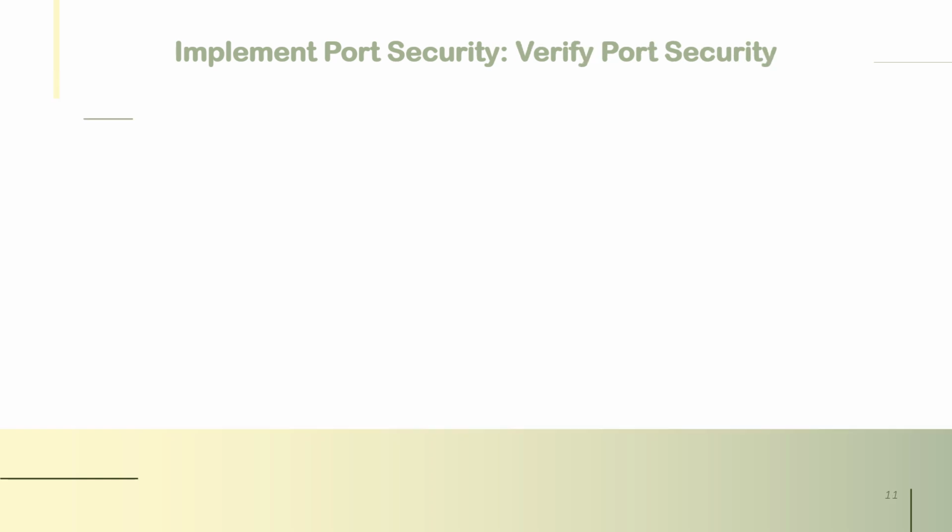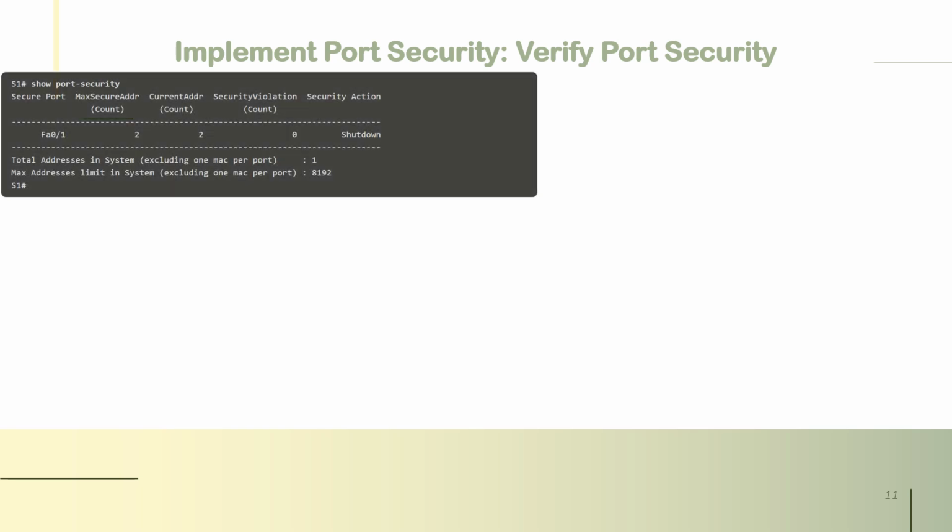So, to check the port security for all interfaces, we display the port security settings for the switch by using the show port-security command. With this command, we see how many ports are configured with the switchport port-security command. And here it indicates that only one port is configured.